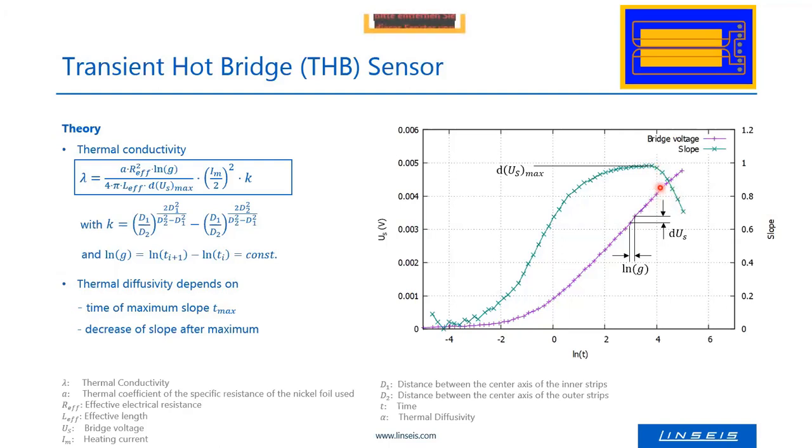This means the slope is getting smaller, and the time until the linear, more or less constant slope is left, where we go to a transition to a steady state, from this time somewhere, we can calculate the thermal diffusivity.